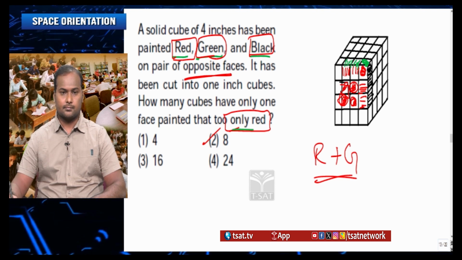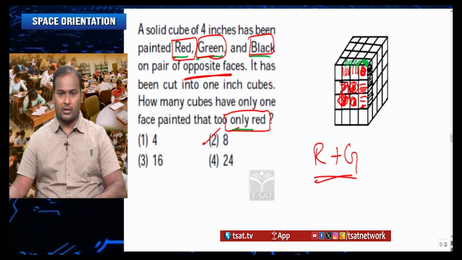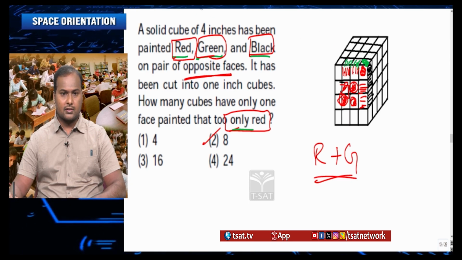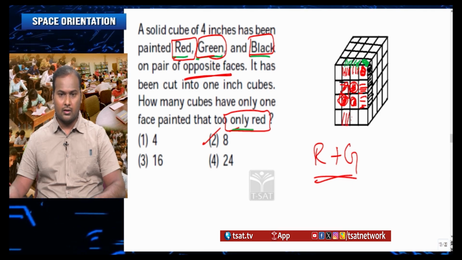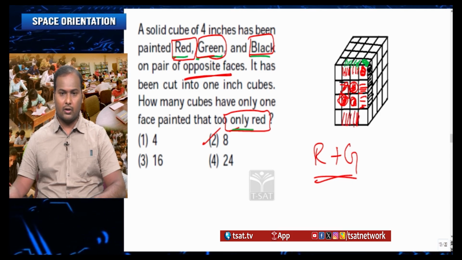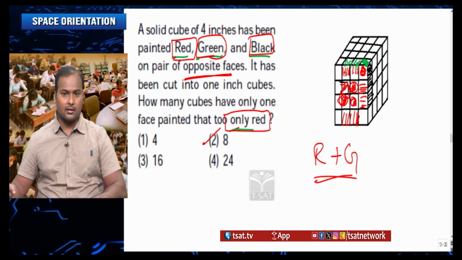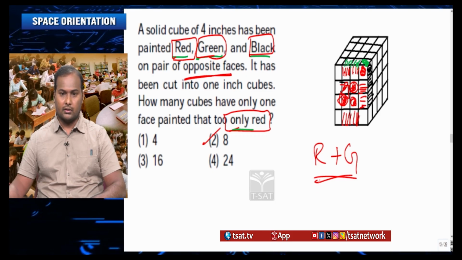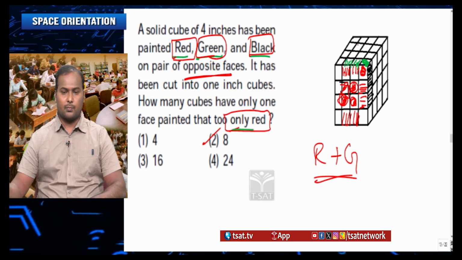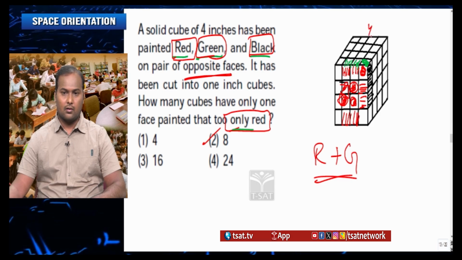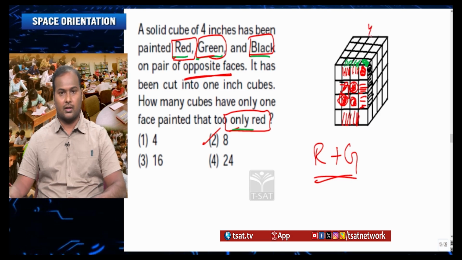Now you take the edge. One edge here on top you can see red and green. In the same way, the bottom also has red and green. At the bottom you have red and green, because opposite faces are green. So here 1, 2, 3, 4. In the same way it is also possible at the back. Here also 1, 2, 3, 4. Then you will get the answer 8.